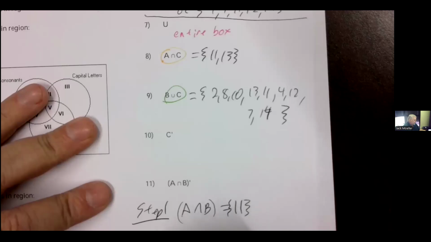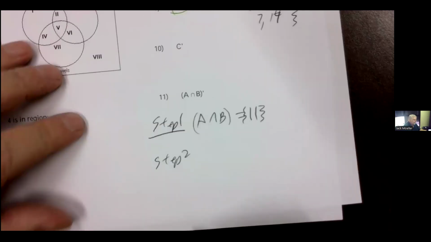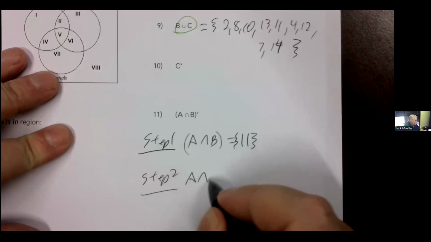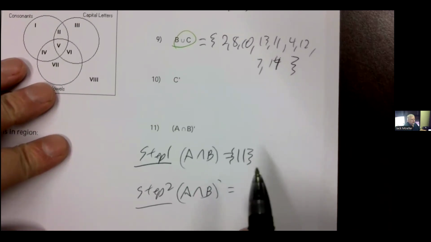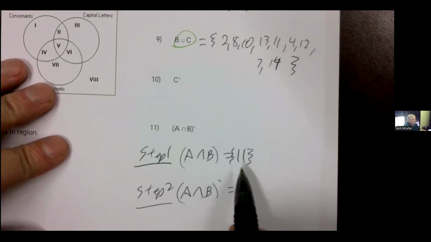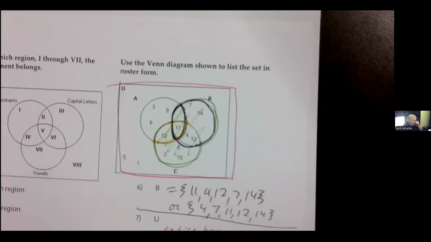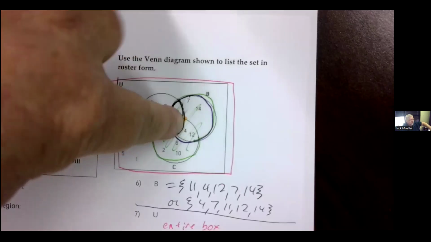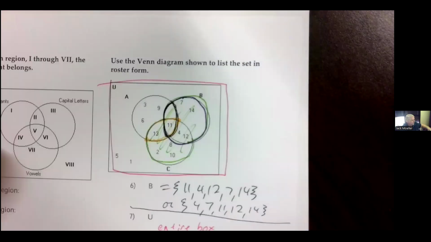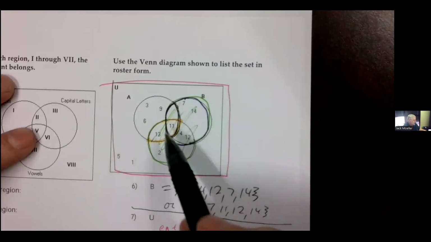So now we want the complement. How do you find the complement? Well, the complement is everything in the universe except what's in our set. So the complement of A intersection B is everything except 11. It's the entire box but 11.